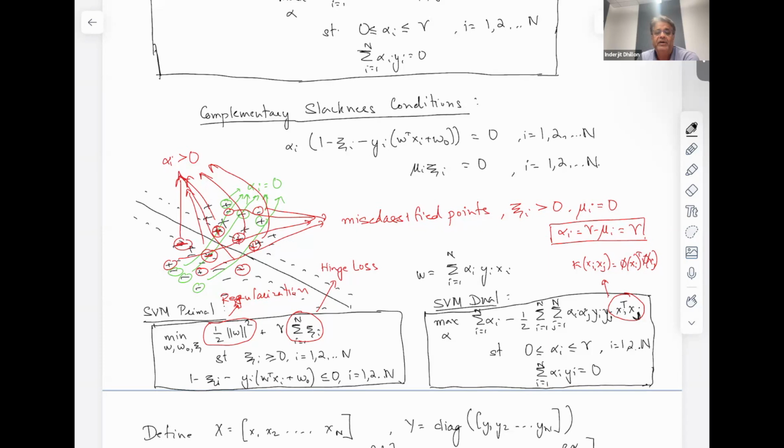And each psi i, if you look at it, this is yi, which is the label, and this is the prediction, so this is yi hat. So psi i has this form.